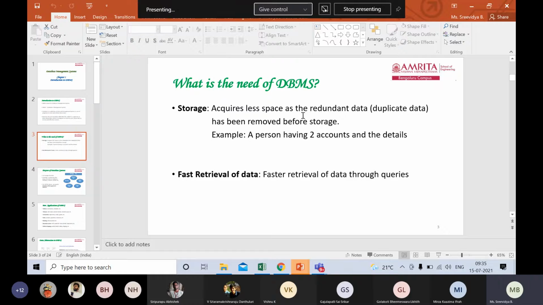Each column represents a property of an entity, and the entire table is associated with the entity. One of the advantages, or the need for DBMS, is its mechanism of storage and easy access to the data.